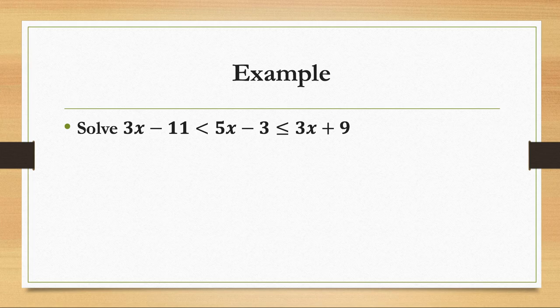For our last example, we have 3x minus 11 is less than 5x minus 3 is less than or equal to 3x plus 9. So again, our goal is to solve for x to get x by itself in the middle of the expression. So I'm going to begin by adding 3 to all 3 parts of the equation.